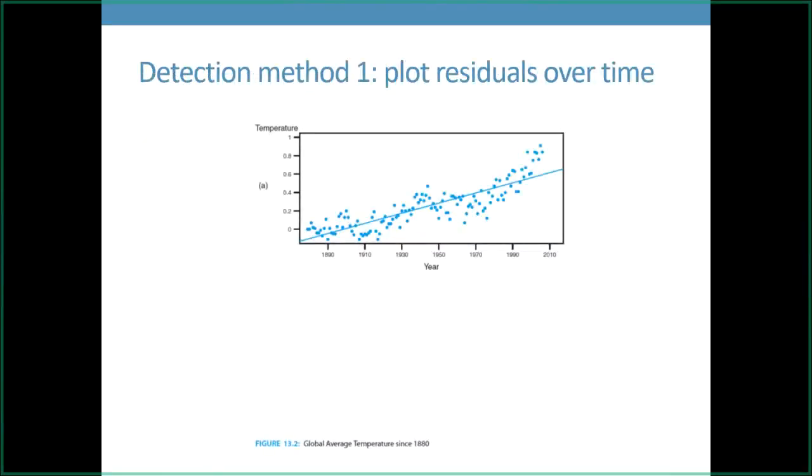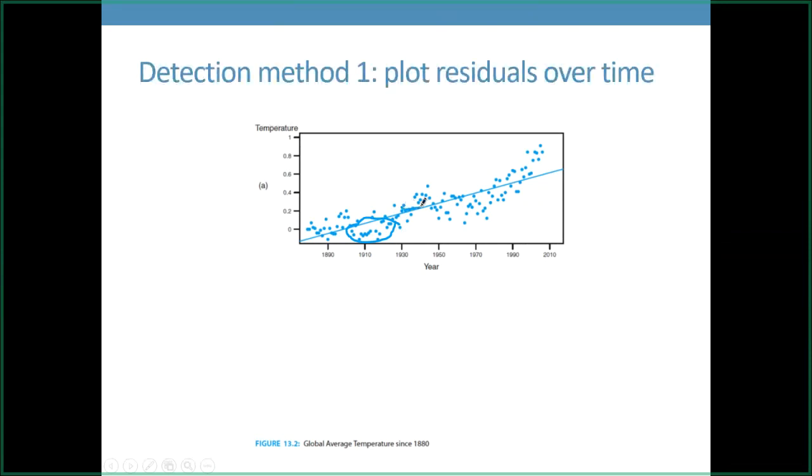To detect autocorrelation, one thing to do would just be to plot your residuals. So you run your regression, y equals beta 0 plus beta 1 x, and then you graph your residuals over time and see if they tend to be clumped together. In this case, you have about 20 years straight with negative residuals.